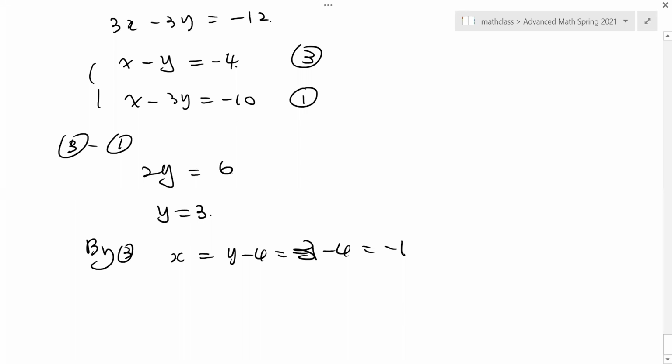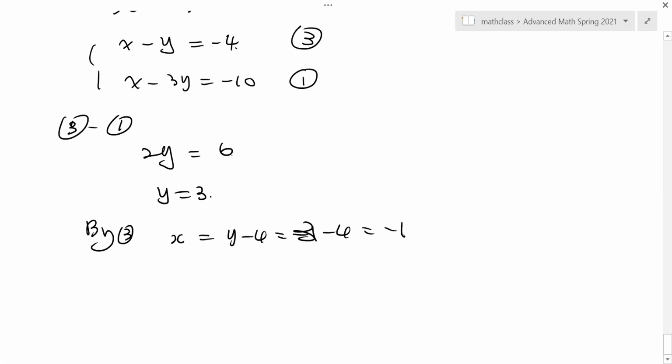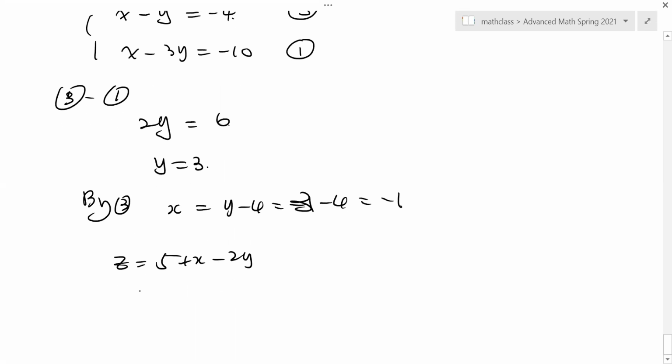Then you can use any of the equations to get z. So you get x and y. So z is going to be 5 plus x minus 2y. Remember, right? So you get 5 plus negative 1 minus 2 times 3. It's going to be 4 minus 6. It's negative 10, I think. This is not going to be negative 10.